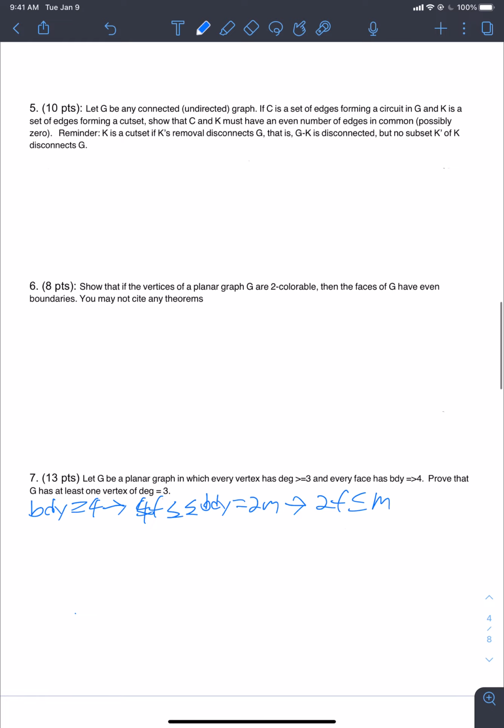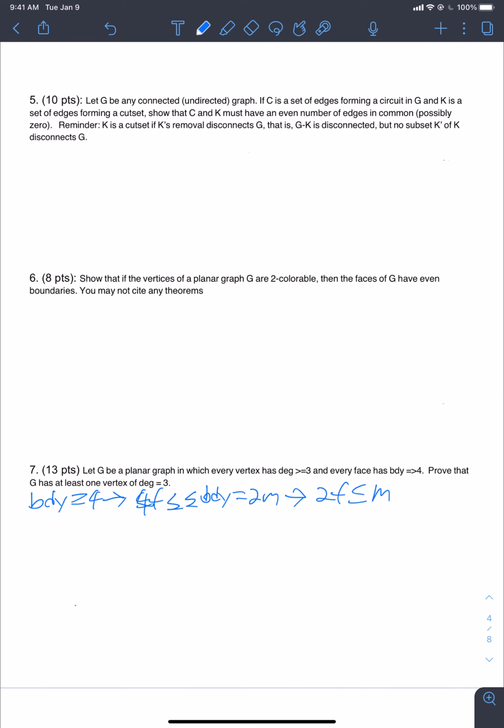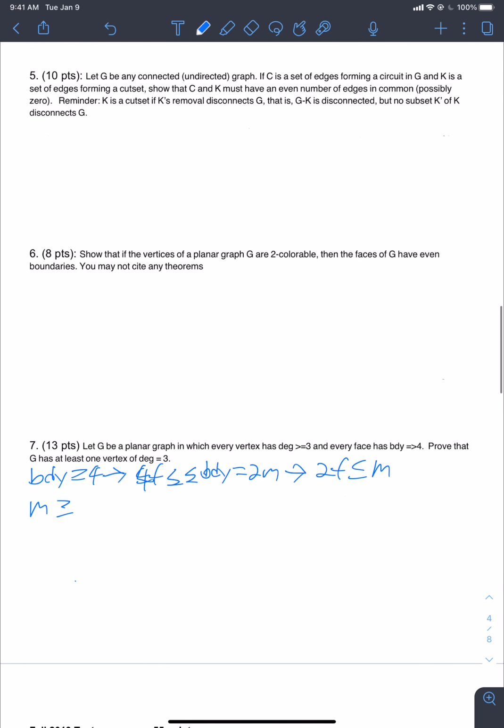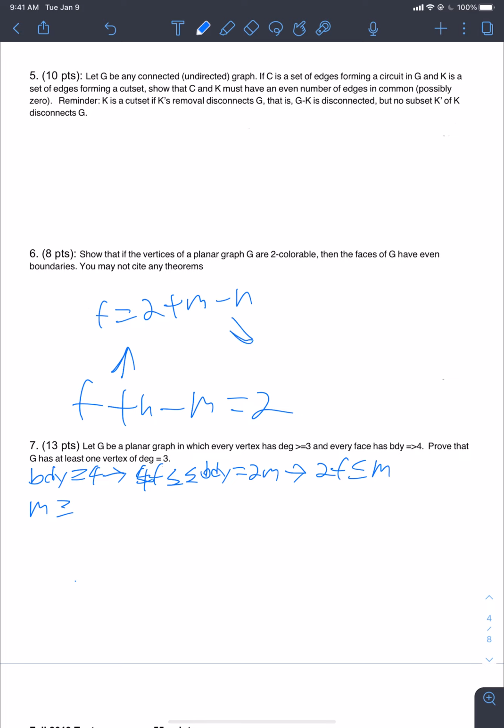Combining this with Euler's formula, we get that m is greater than or equal to, what is it? What's Euler's formula again? F plus n minus m equals 2. So moving that around, we're going to have to do a lot of extra steps. So let me break this down a little bit. So first off, we'll rearrange it so that we have f equals 2 plus m minus n, but then we're substituting in for 2f, so we need to multiply that by 2.